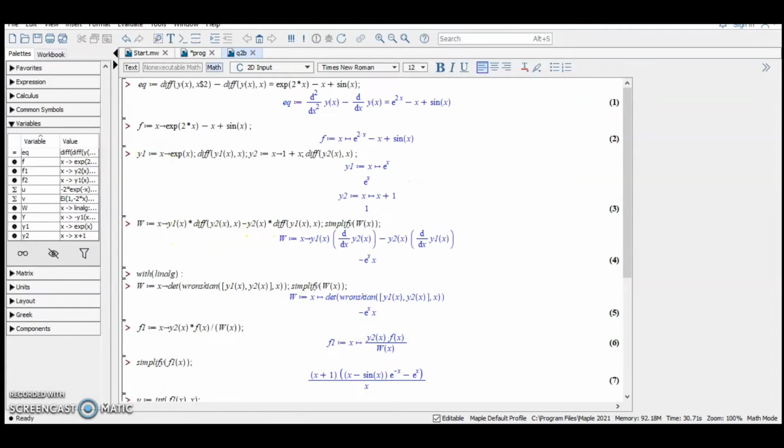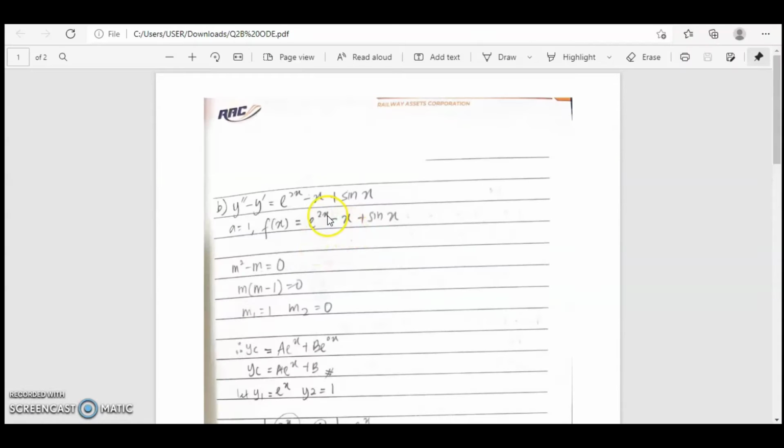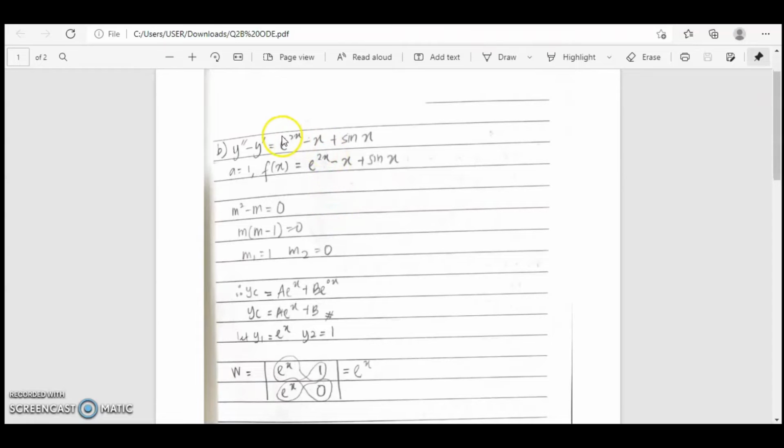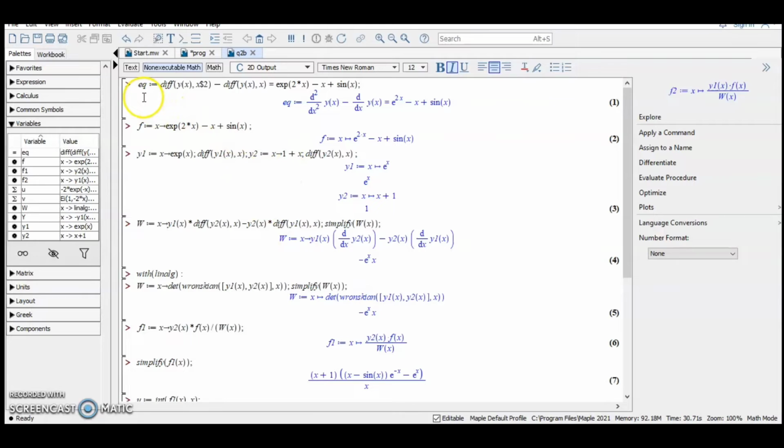First things first, the equation coding in Maple is y double prime minus y prime equal to e to the negative x plus sin x. Then I determine the f of x.